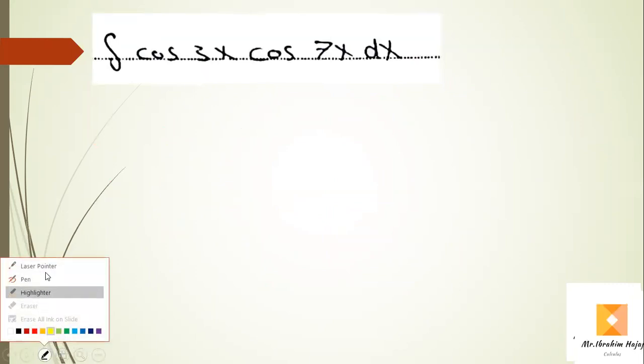We have cosine, how do we solve this question?